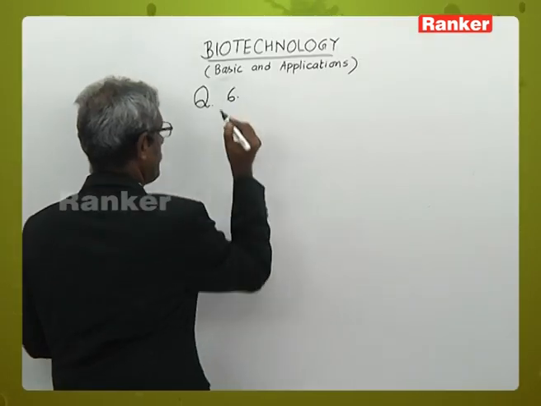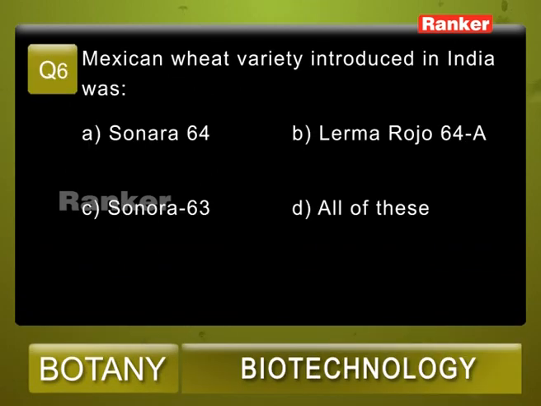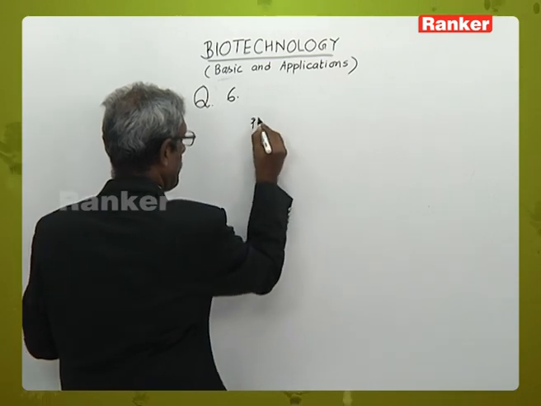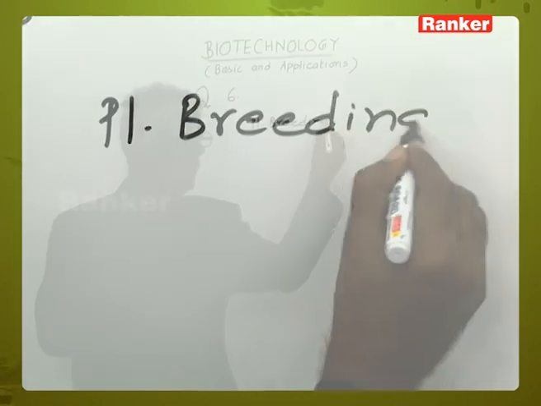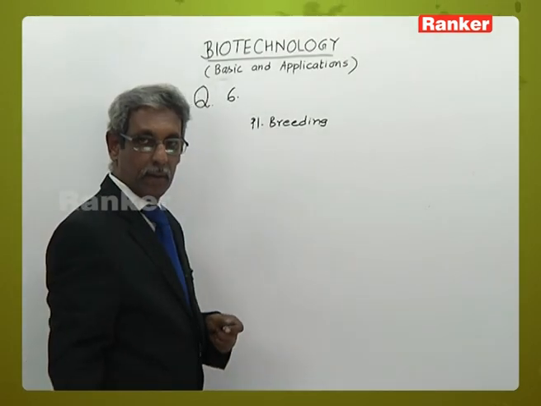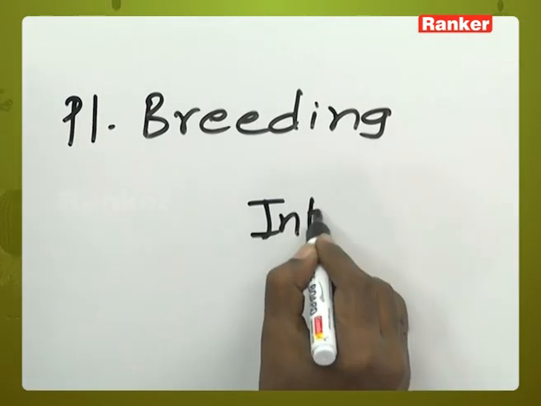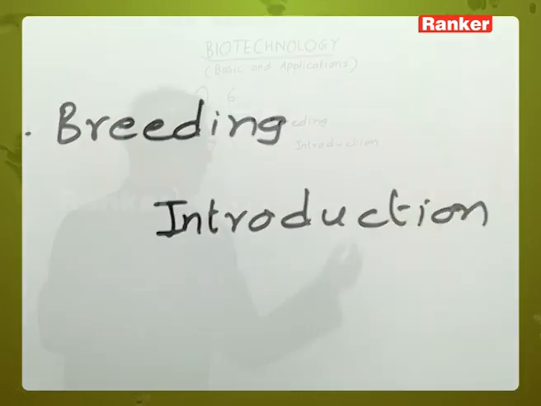Question number 6. Mexican wheat variety introduced in India was. Now primarily in plant breeding, the first step is termed introduction.